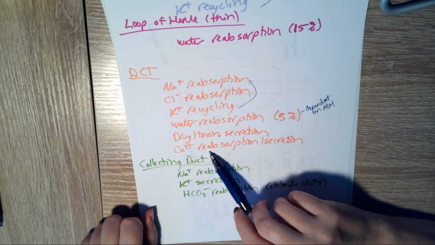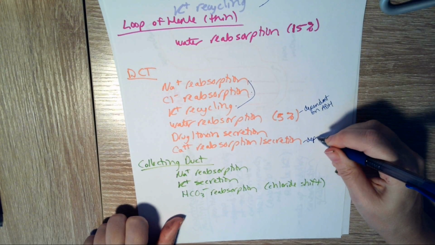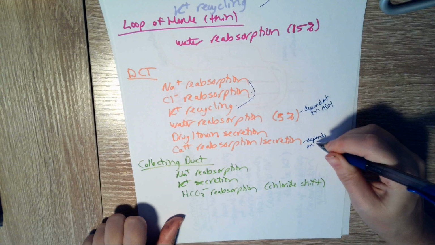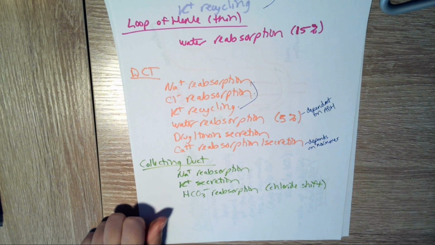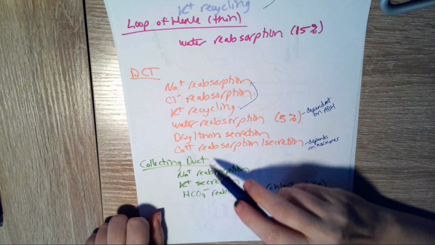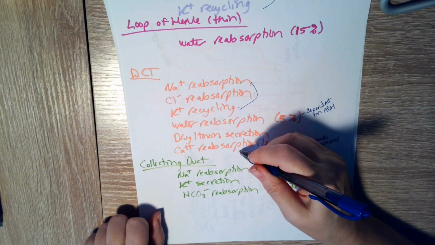And then also calcium reabsorption or secretion. This depends on hormones. So which hormones are present? So let's say you have a lot of calcium in your blood, so you don't want to reabsorb too much calcium. Calcitonin is the hormone for that.